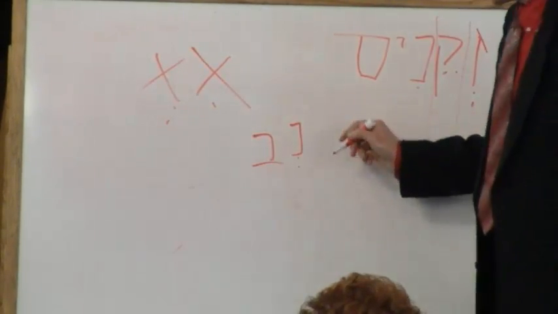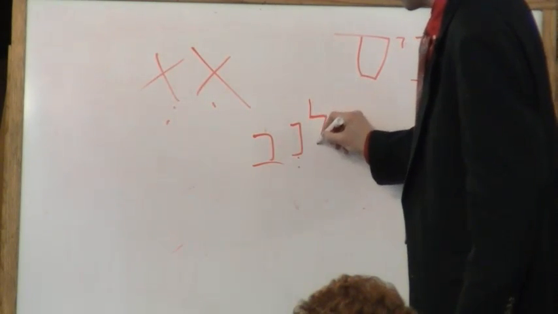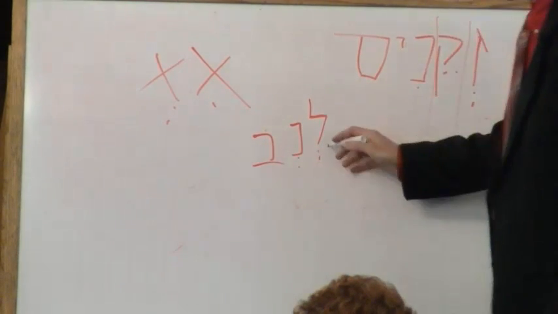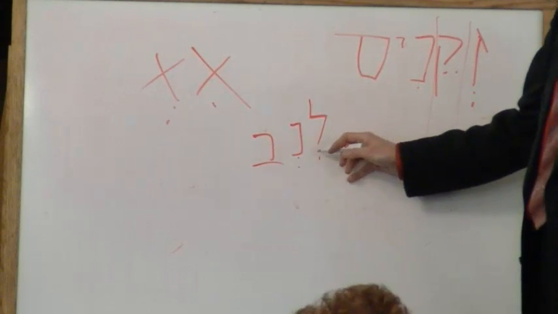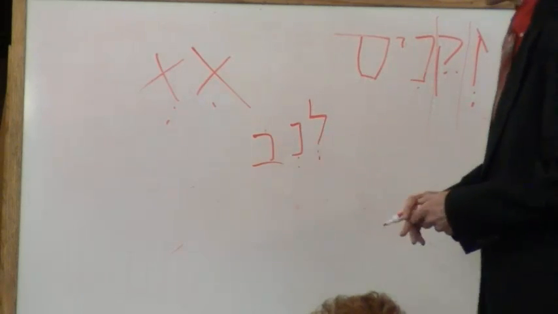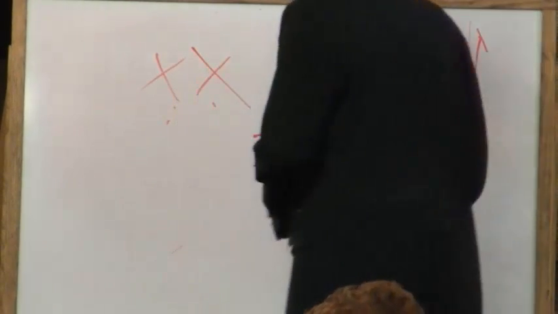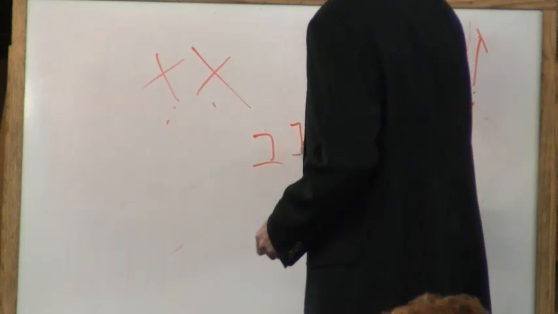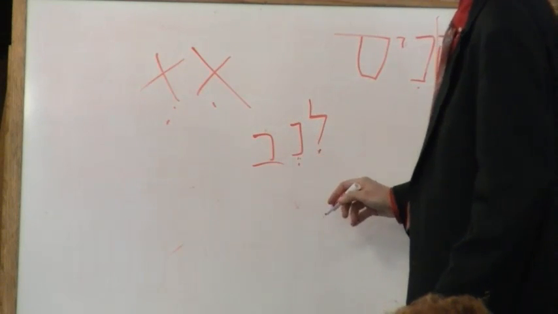So now let's say you want to say "to a prophet." So "to" is lamed schwa. This would be "to a prophet," but you can't have schwa schwa. So now instead of la-navi, it becomes lin-vi, and you still have to put something under there, so it still actually has a schwa, but it's a silent schwa now.